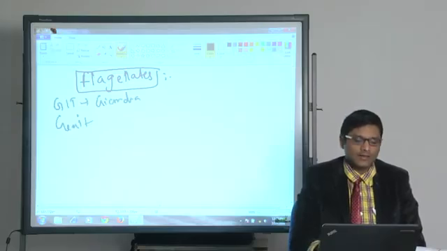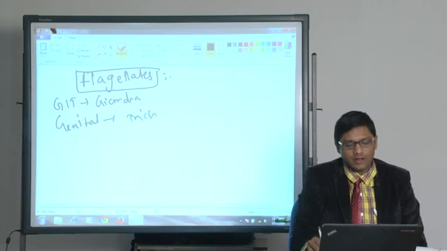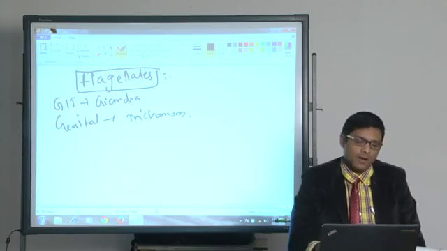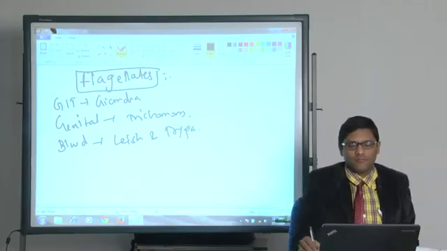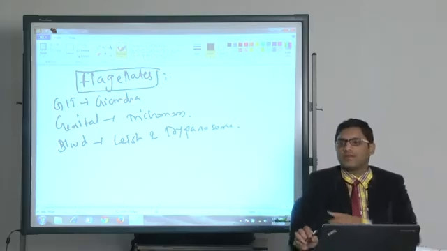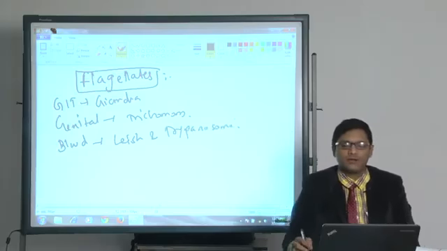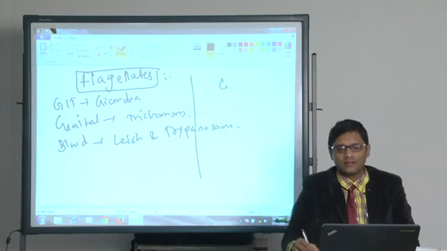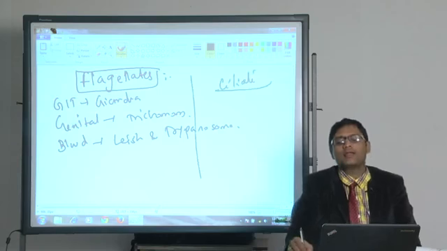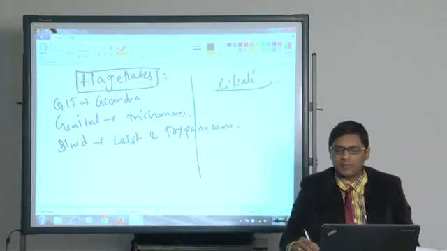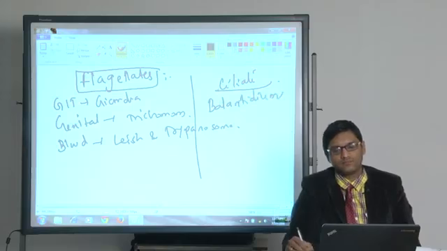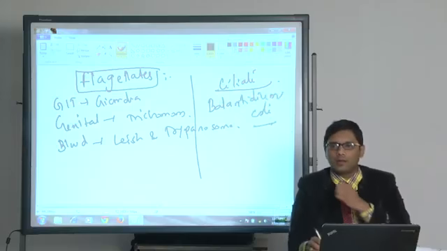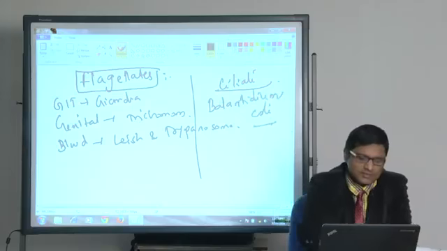A genital flagellate, an example is Trichomonas, and hemoflagellates, examples are Leishmania and Trypanosoma. So, these are the various flagellates we are going to discuss. Apart from that, there is a ciliate. The only ciliated parasite which infects human beings is Balantidium coli. So let us discuss one by one.